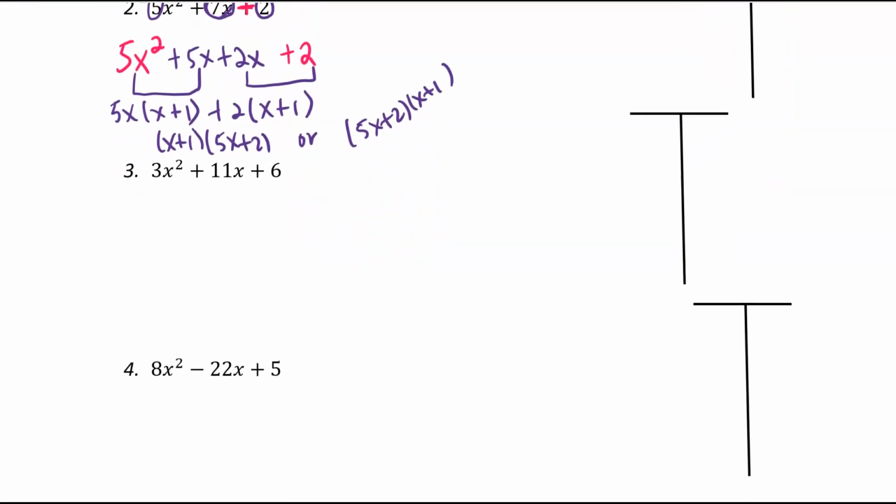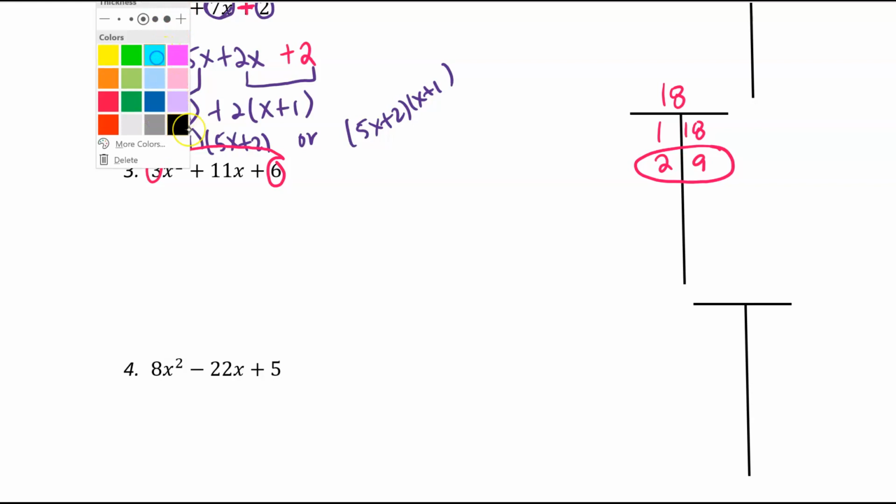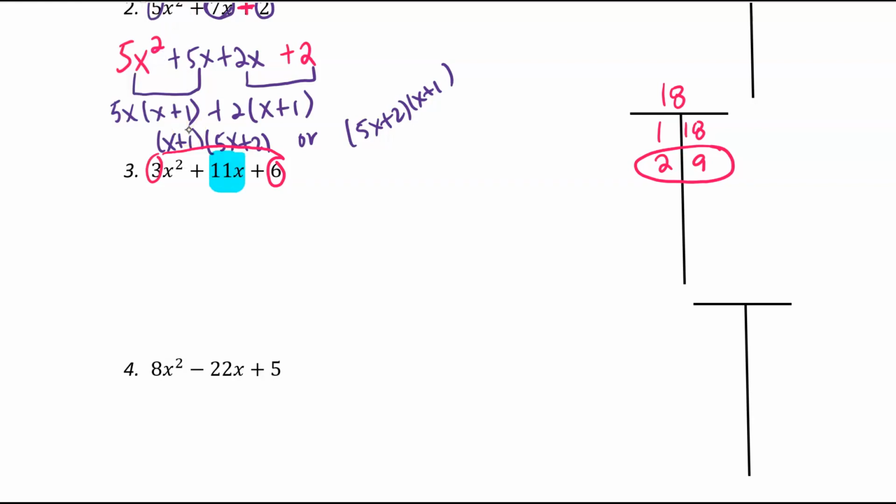Then you have 3x squared plus 11x plus 6. We have 3 times 6, which is 18. Factors of 18 are 1 and 18 and 2 and 9. 2 and 9 will work because when you add 2 plus 9, you get 11, which is the middle term.